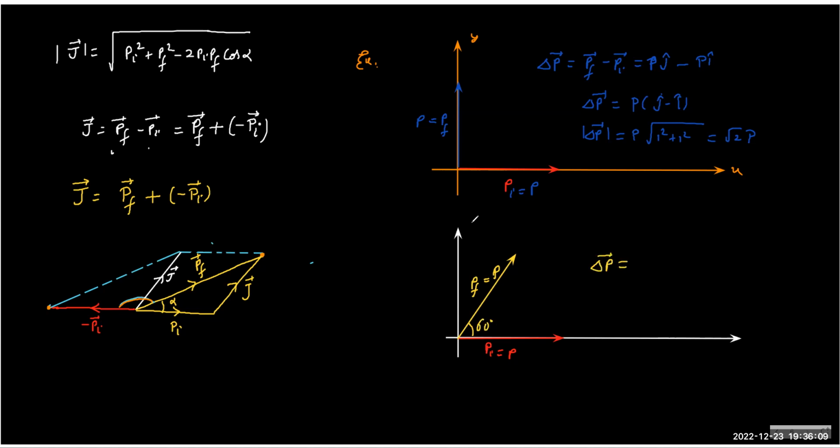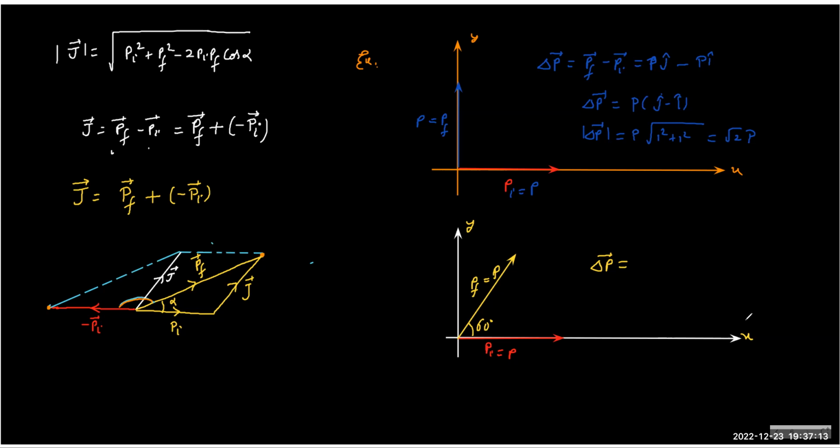Find delta P. Tell me the delta P value quickly. Root 5 by 2 P.